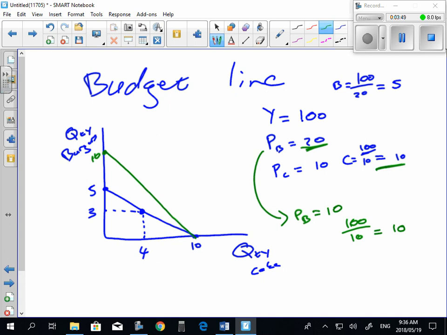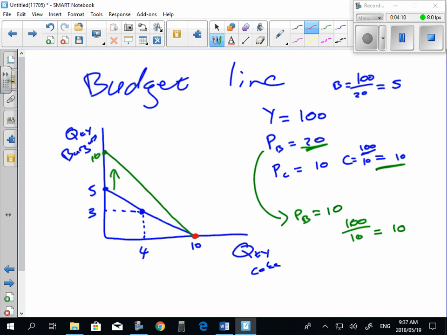Do you see how when the price of hamburgers decreased, the budget line pivoted outwards? A pivot is when a curve changes, but one point stays the same. In this case, that end point remained the same.